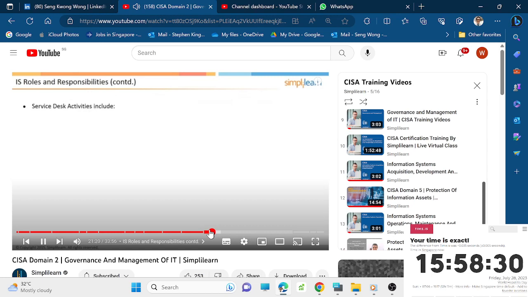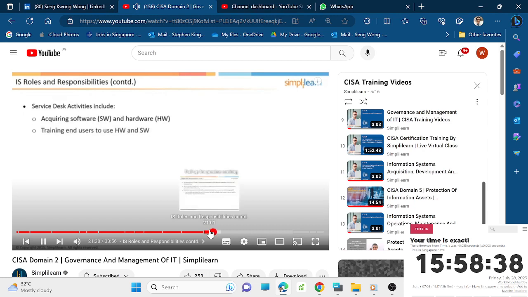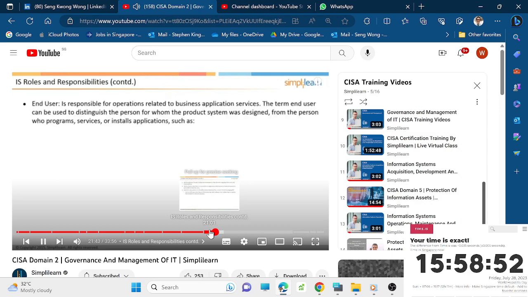There are various service desk activities which include acquiring software, SW, and hardware, HW, training end users to use hardware and software, informing the users of hardware or software problems, initiating changes to improve efficiency, determining the source of system problems. An end user is typically responsible for operations related to business application services.